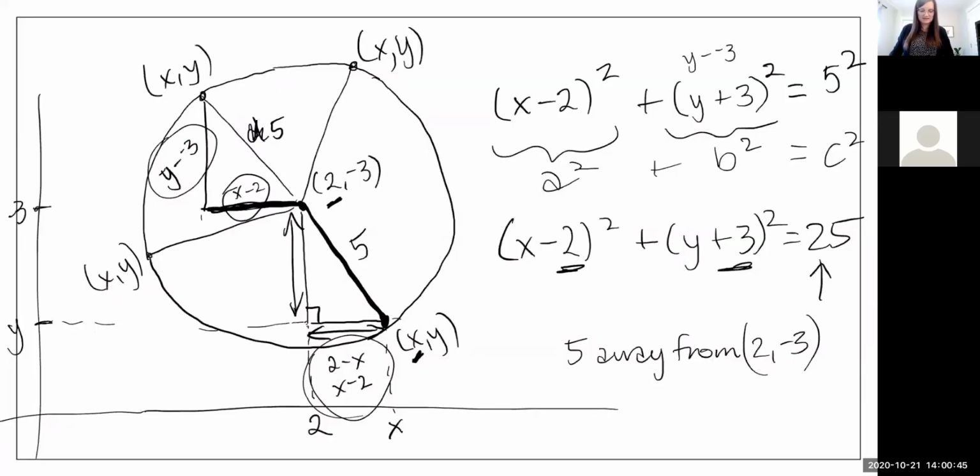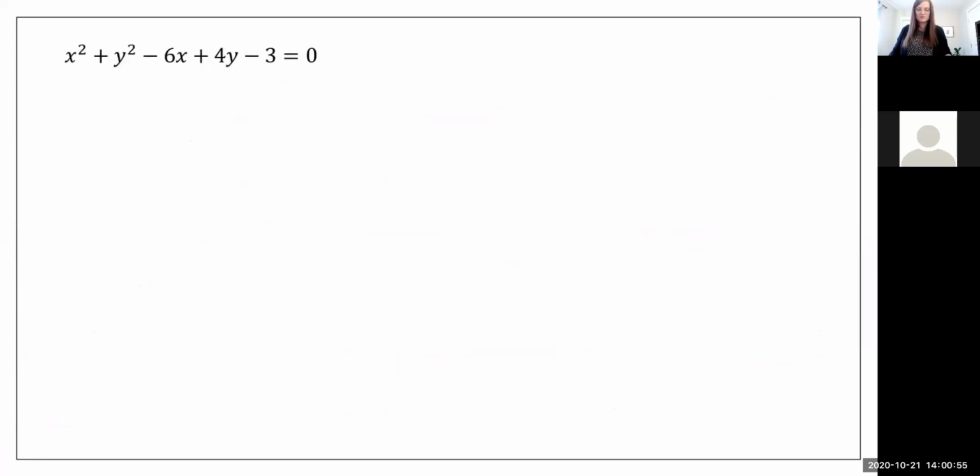How does this extend? Well, now that we know the general form of a circle, sometimes you might see something like this. There's a question on Alex similar to this, where they say, here's an equation of a circle, and you can tell it's a circle because it's got both x squared and y squared.